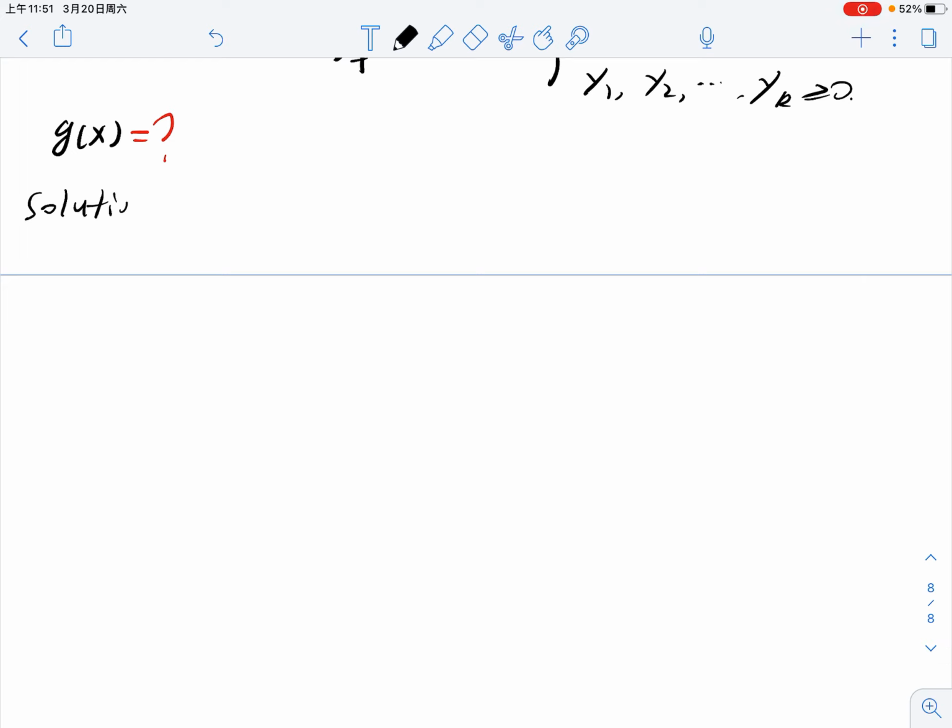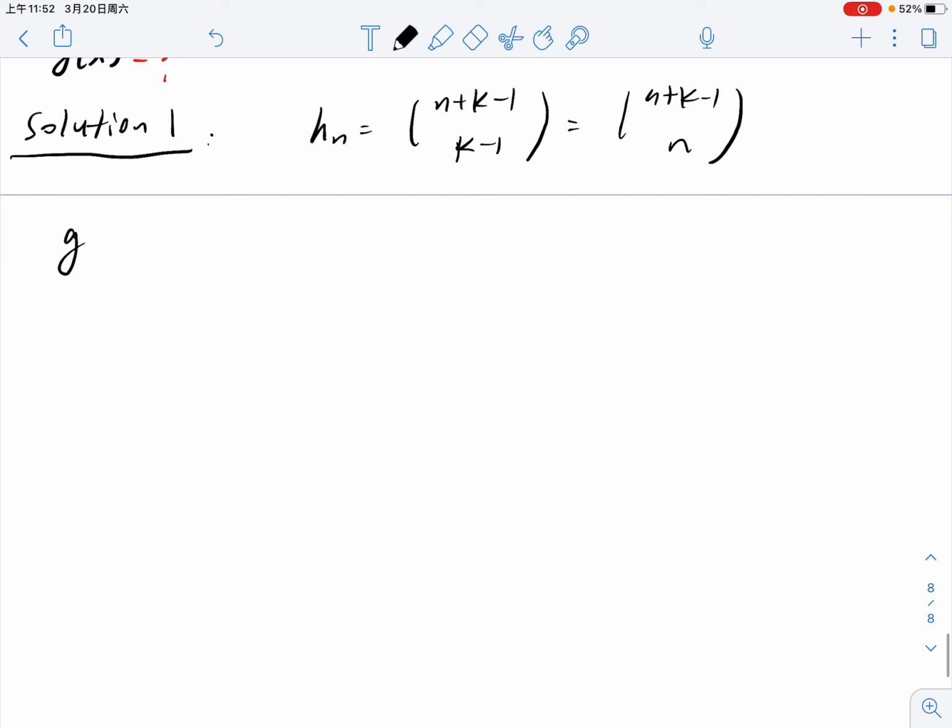I will give you two solutions. The first solution is, we already know h_n is n plus k minus 1 choose k minus 1, or n plus k minus 1 choose n. Therefore, you plug in, g(x) is the summation for n from 0 to infinity of n plus k minus 1 choose n times x to the n's power.